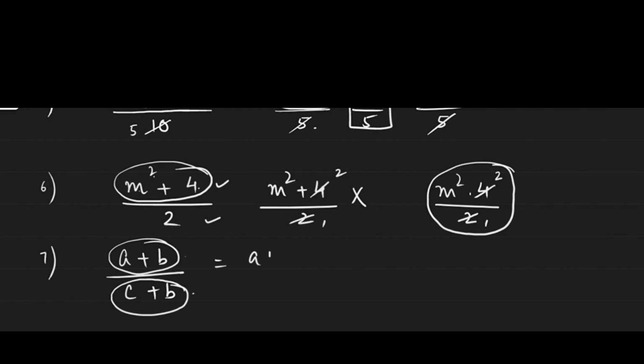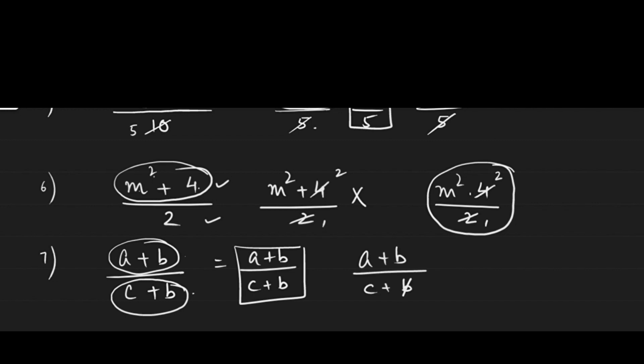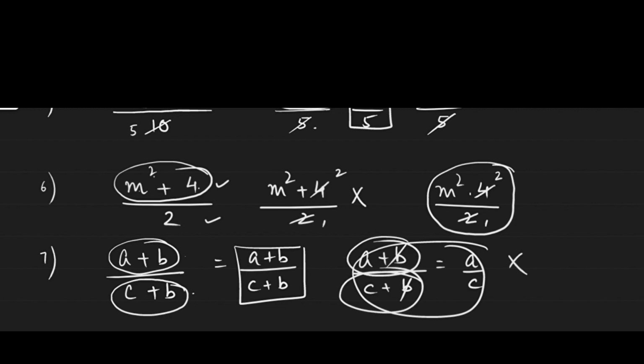So the answer a plus b and c plus b, it cannot be simplified further. This itself is the answer. Please don't do like this, that okay, b and b can be cancelled and my answer is a over c. This is a wrong approach. A plus b is the sum of a plus b and c plus b is the sum of c plus b. They have nothing common, no common factor as of now, so they cannot be simplified further.